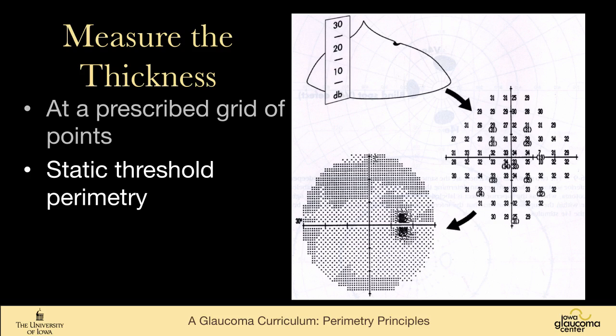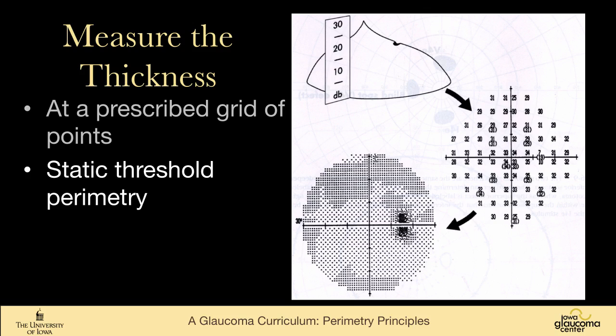This has changed a little bit with strategies like SITA that speed up the process. I'm not entirely sure what happens in a SITA field, but in the full threshold fields, which were unfortunately quite slow, the light would get brighter and brighter until it crossed the threshold, and then you would go back down in smaller steps until you crossed it again.